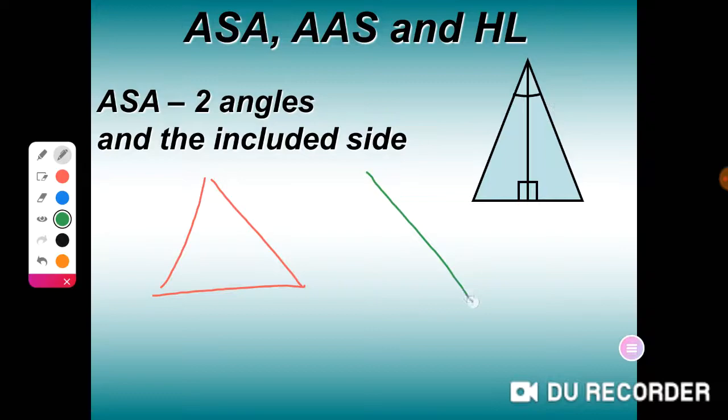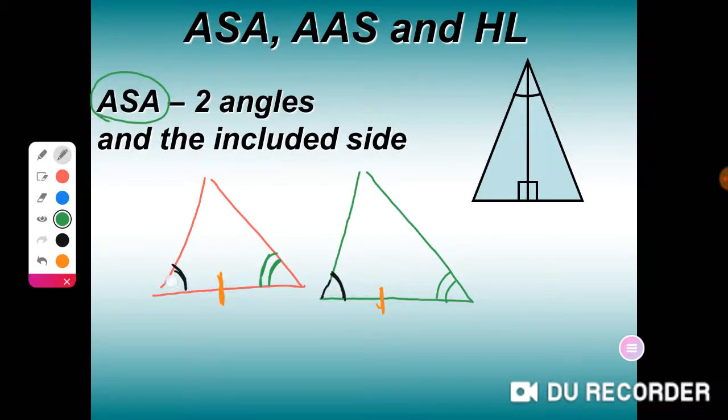We have one red and one green, and it's given that this angle is congruent to that one, and the side is congruent to this side, and this angle is congruent to that angle. So here we have a clue in order to prove the two triangles are congruent by using the angle-side-angle postulate.